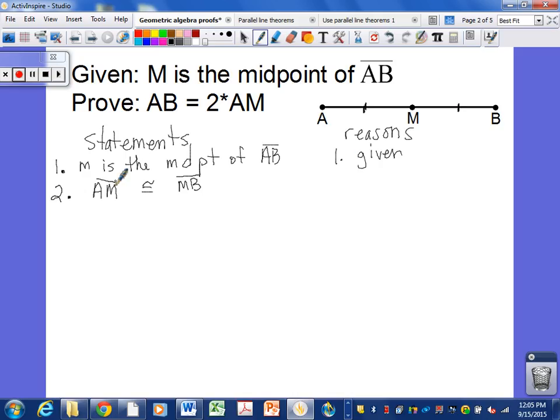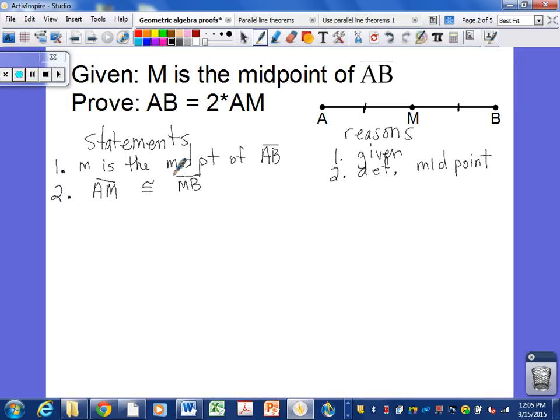Okay, so we have segment markings on top and the congruent symbol in between, and this is done by the definition. Okay, it is what midpoints do. Midpoints make congruent segments. So because of the definition of a midpoint, we have congruent segments. Okay, if it's doing what it does, that's its definition. Usually things like this only do one thing. Midpoints only make congruent segments.